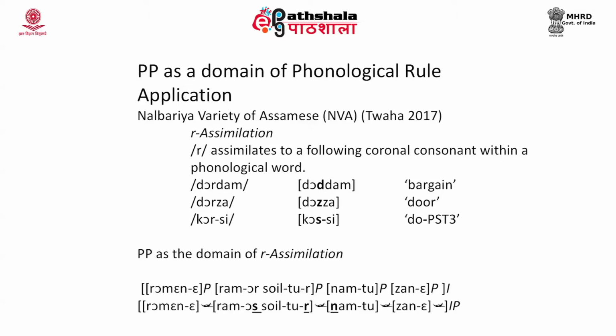But it doesn't take place when R occurs at the end of a phonological phrase, as you notice for the following word. When you say "soiltur" and "nam", it doesn't become "soiltunnam". There could be some other possible reasons for the R assimilation not applying here, but at least as we see the sentence represented on the screen, the rule doesn't apply there.